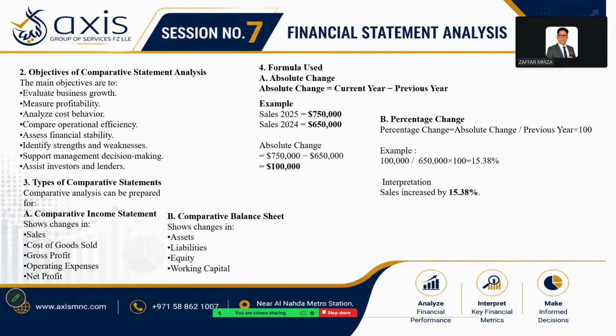This is what we learned. In the horizontal analysis, trend analysis, percentage change is current year minus previous year divided by previous year into 100.